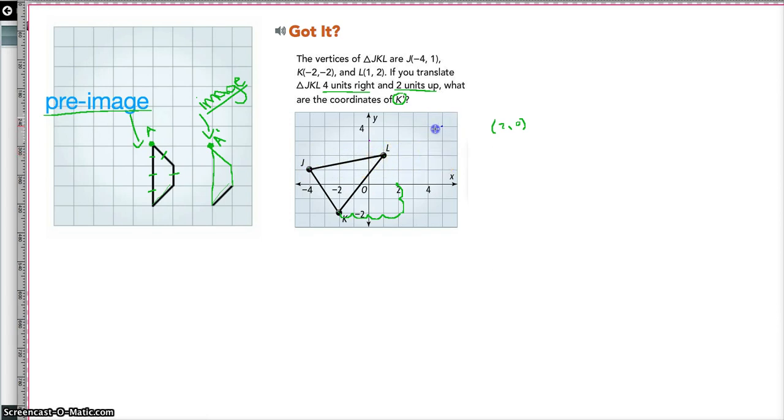So if we were to connect this blue to purple, that is not a straight line, to purple to here and back up, if those are perfectly straight lines, we would have the same size triangle with all the same measurements because we translated the triangle 4 units to the right and 2 units up.